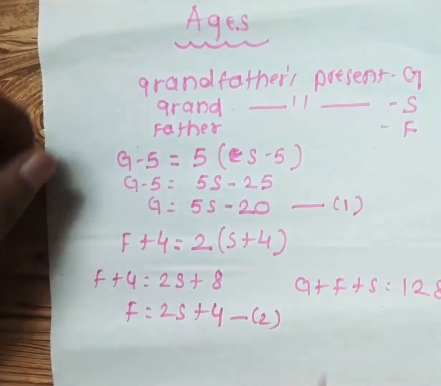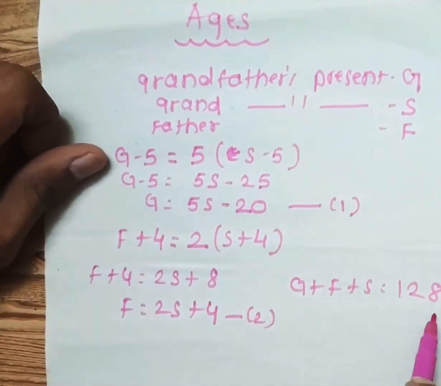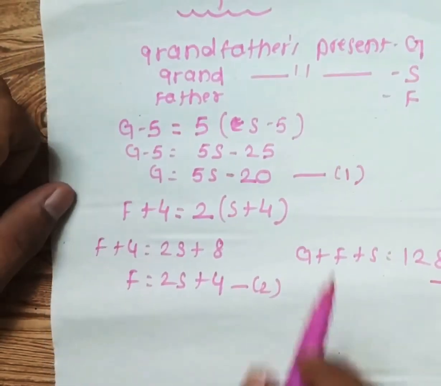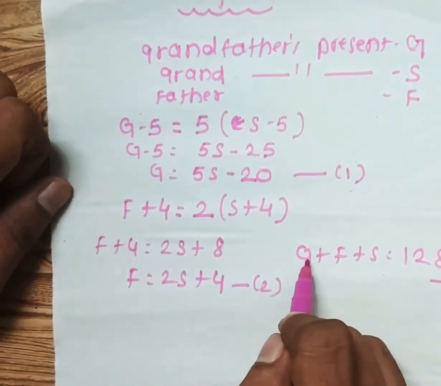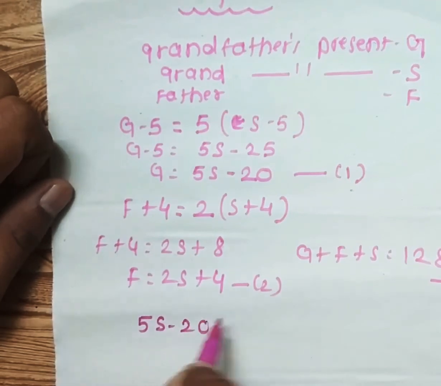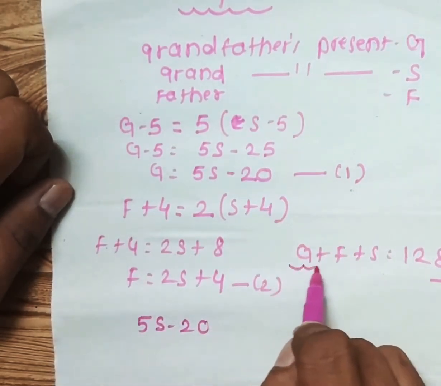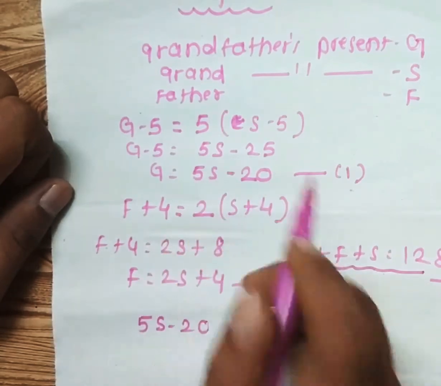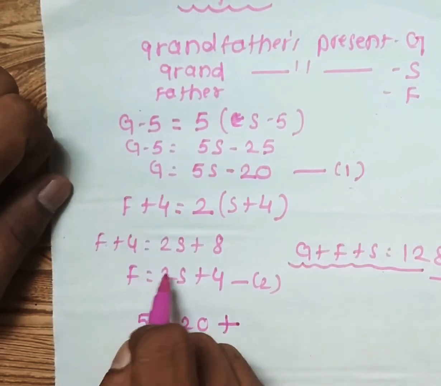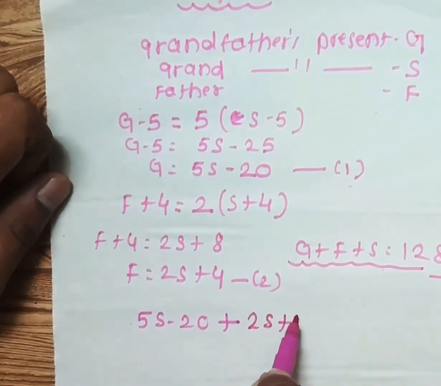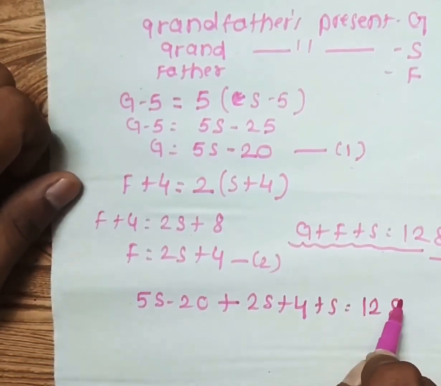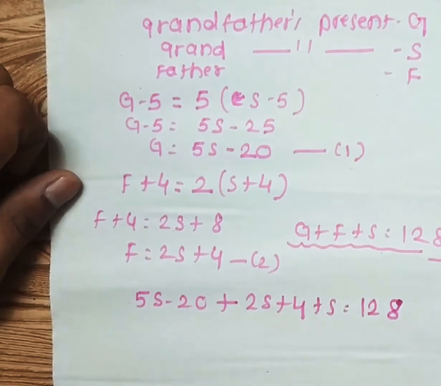We just have to put these two equations in equation number 3, the summation equation. So G, I can put as 5S minus 20, plus F, from equation 2, is 2S plus 4, and plus S. Simple.